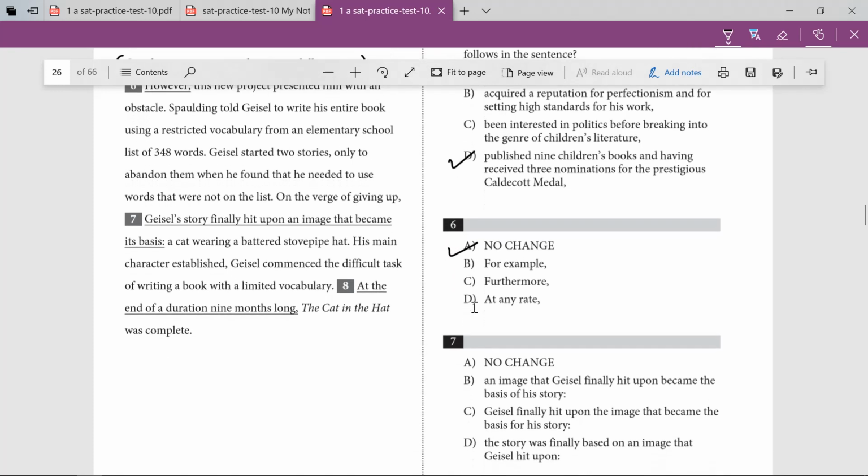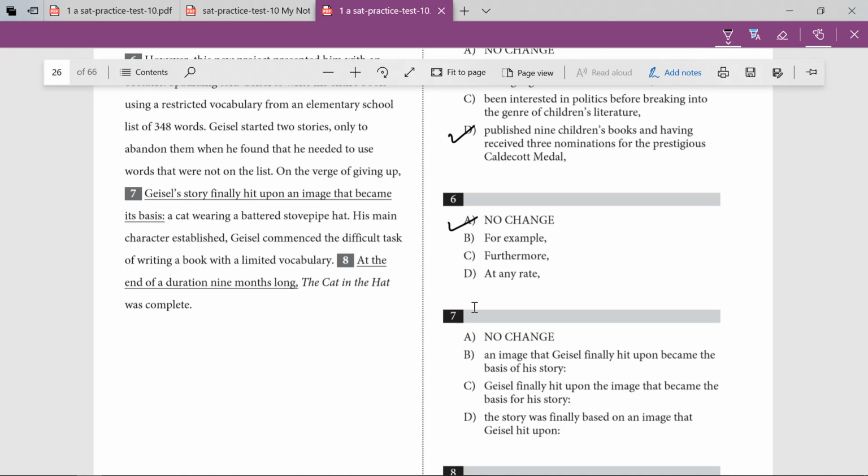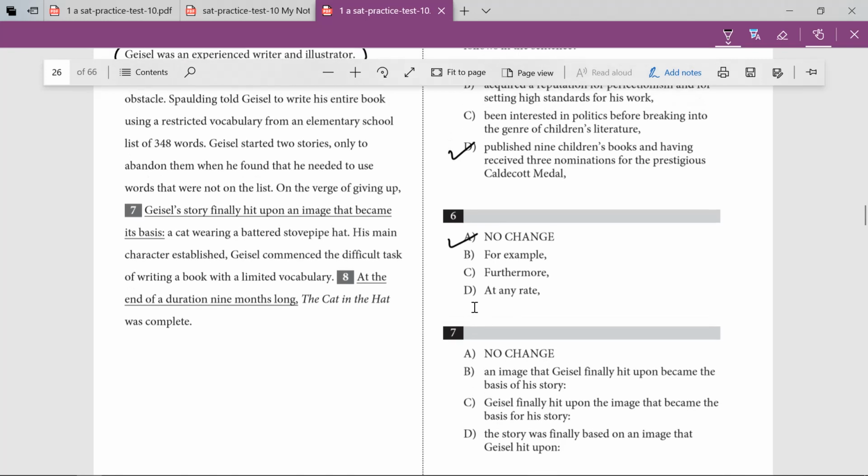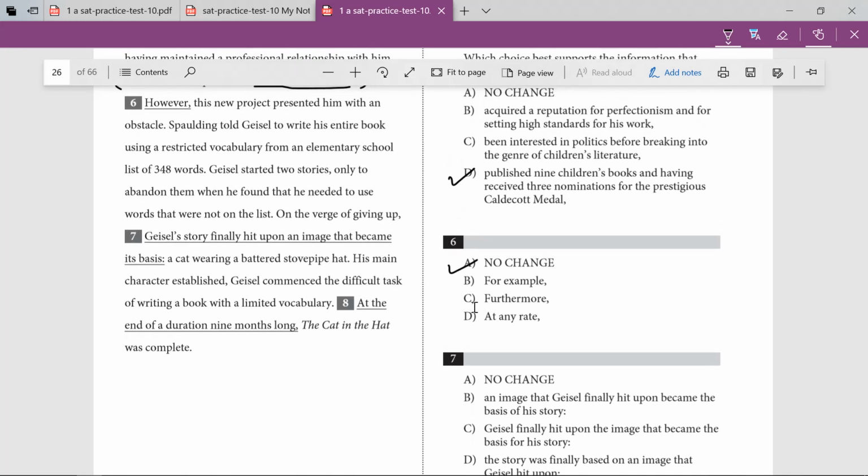Seventh one, it says on the verge of giving up, this guy. So there was an obstacle. I'll just try to understand the story a little bit and read it quickly. New project. The publisher challenged Geisel to write his entire book using a restricted vocabulary.